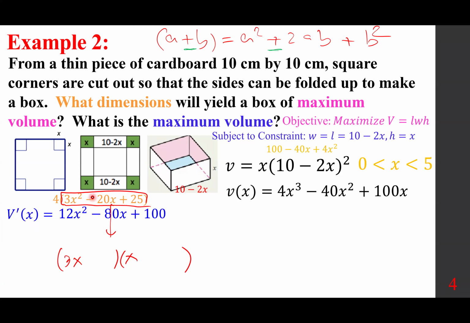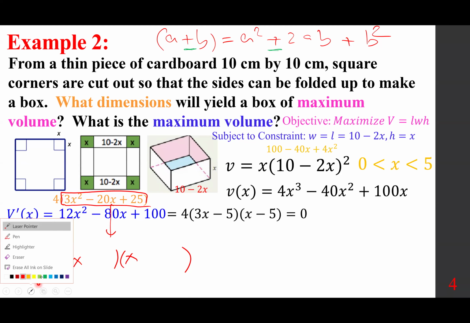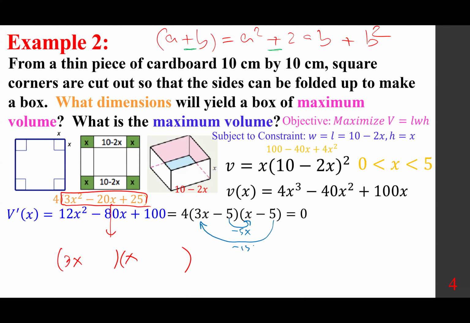And because this is negative 20, it ends up being negative. So work on it such that the middle terms add up in the following manner. Notice this is minus 5x. This is minus 15x. And the question is, do they add up to negative 20x? They do. This is a trial and error, and that's not the only way, but that's the fastest.